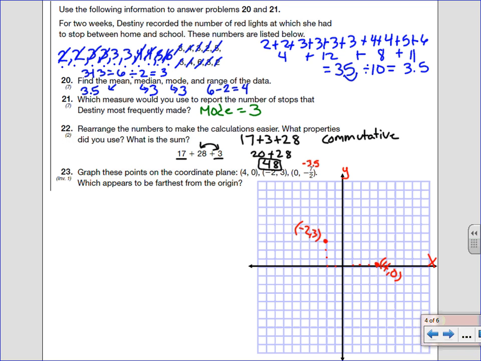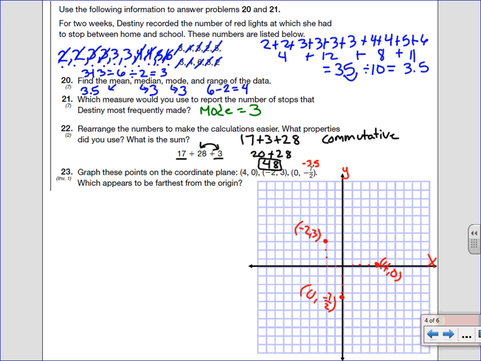So I have 0, which means don't go left or right at all. And then -3.5 or -7 halves means go down 1, 2, 3 and a half. So that is the point 0, -7 halves. Then it asks which appears to be farthest from the origin?